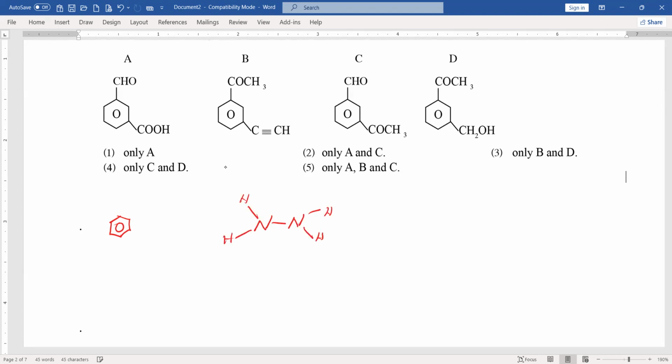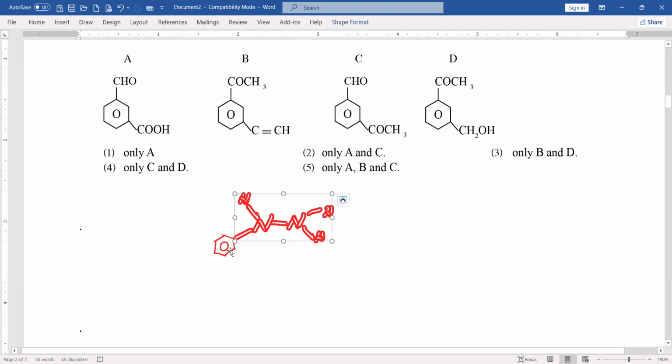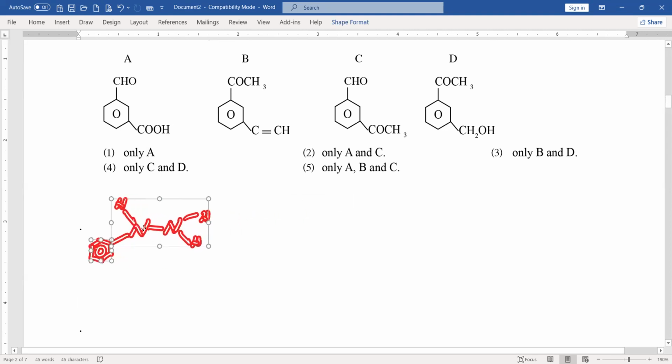Then one of the hydrogens can be replaced by this benzene. I will remove hydrogen and attach benzene instead of that, like this. Then this is called phenylhydrazine.